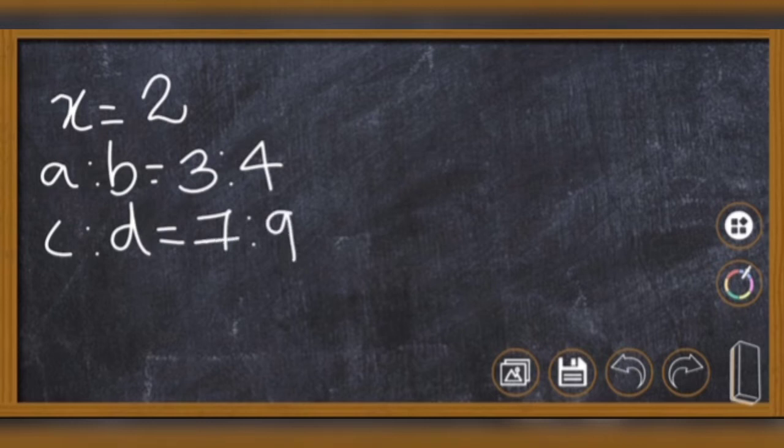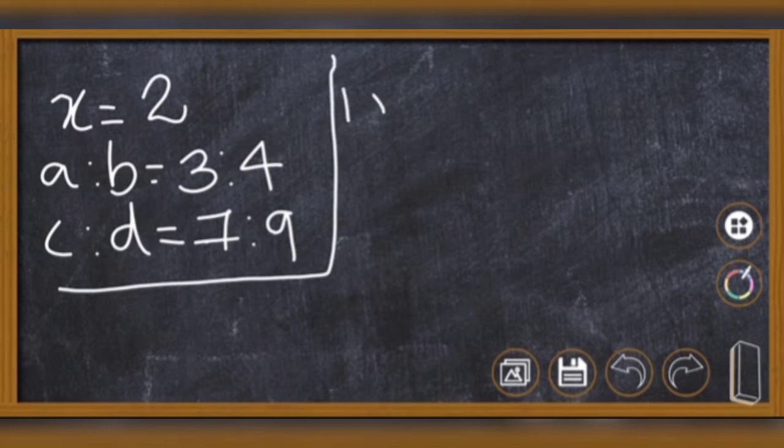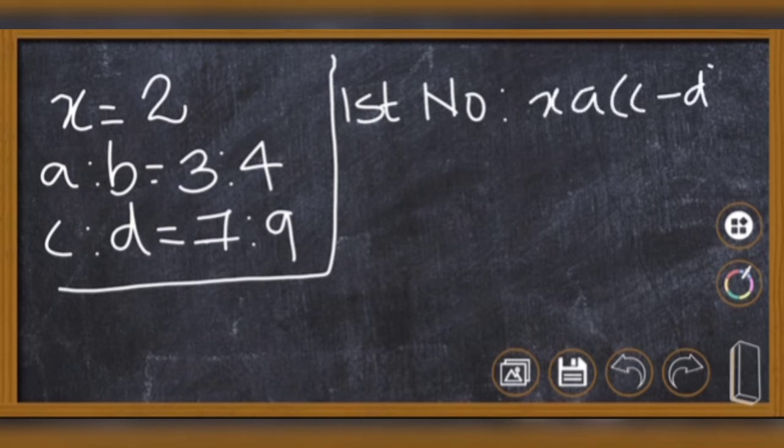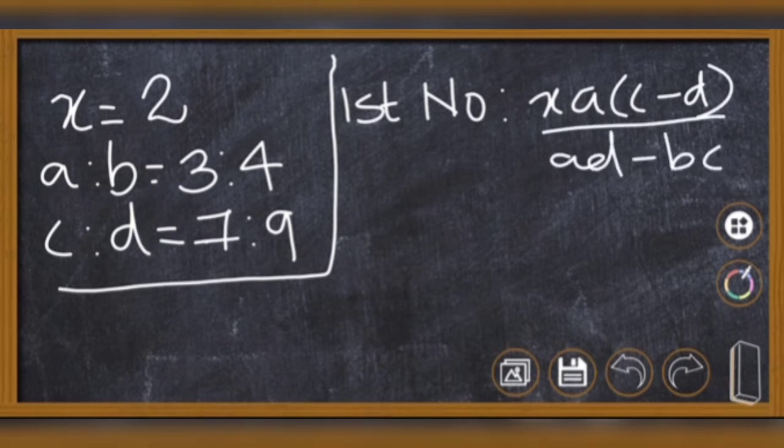Now the first number will be x into a into c minus d, that is 7 minus 9, divided by the cross products of the ratios, that is ad minus bc.